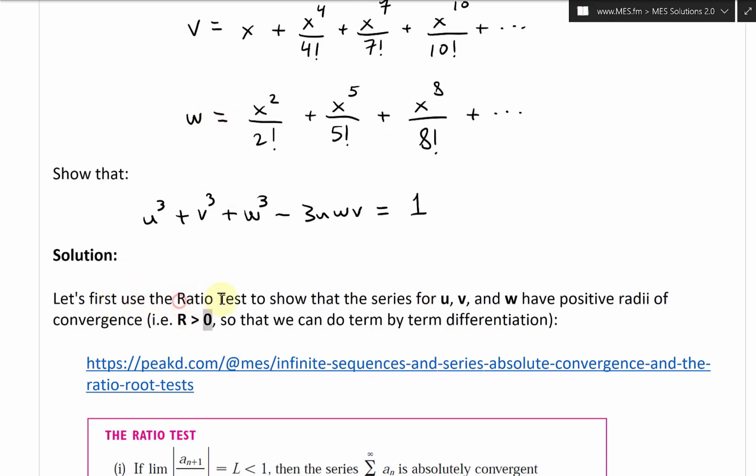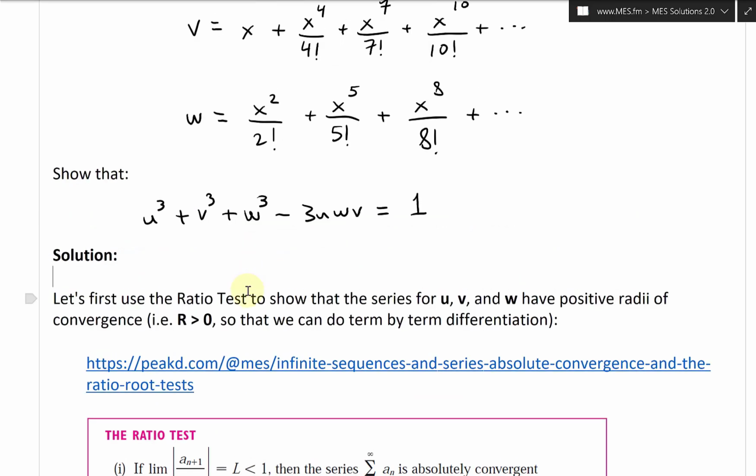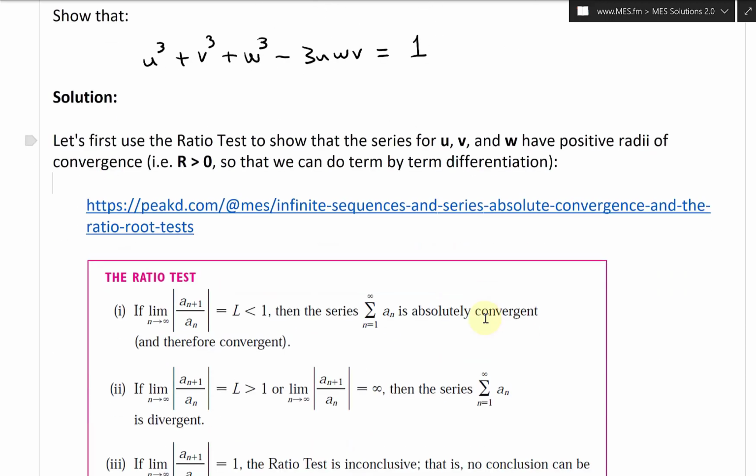So let's first use the ratio test, which is a pretty smart way of showing the series for u, v, and w have positive radii of convergence, i.e., R is greater than 0. R is not equal to 0, otherwise it would be convergent only at one point, x equals a. So that we can do term by term differentiation.